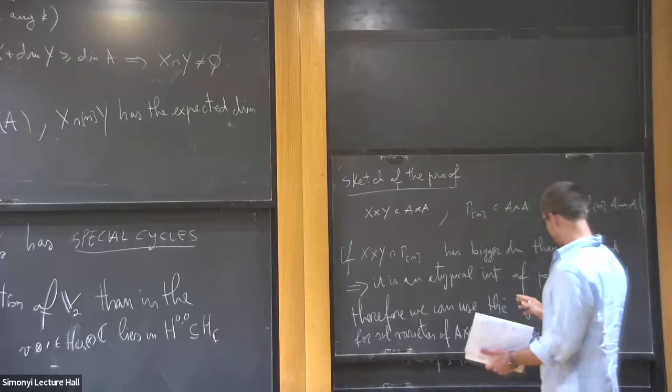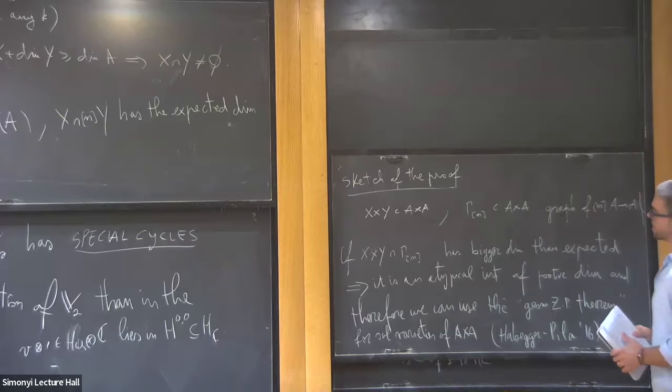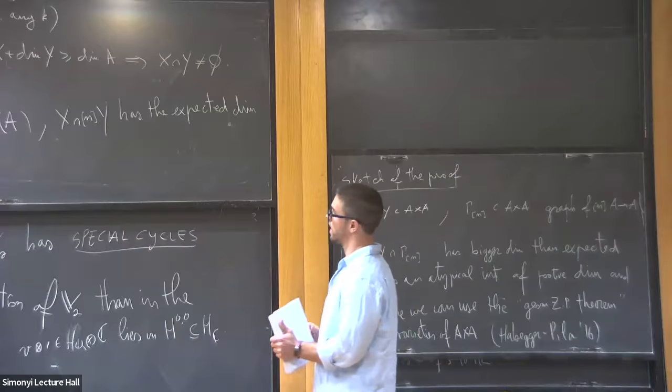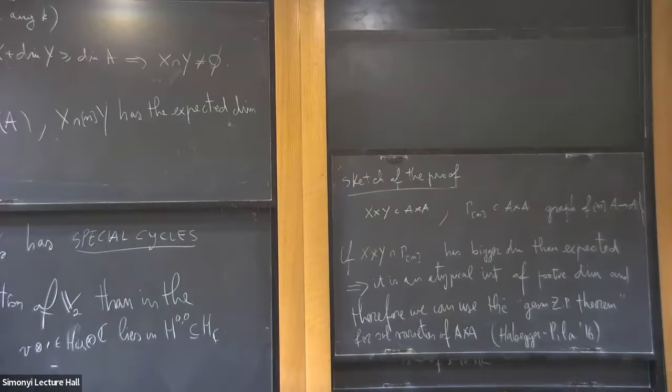And then once you have this viewpoint, there are also these theorems about the density of the Hodge locus that we did in Hodge theory, and they can be adapted to prove this.